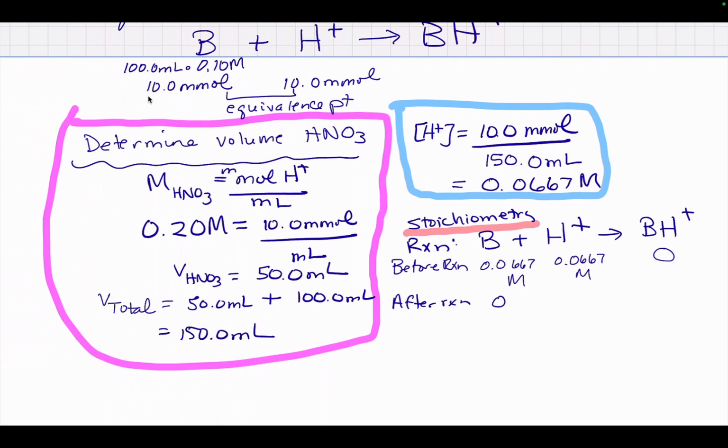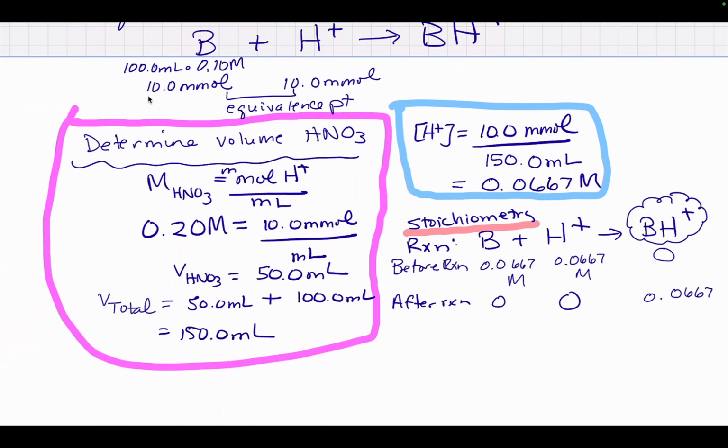So I'm going to have 0 moles of the base, 0 moles of the hydrogen ion, and because of stoichiometry, I'm going to have 0.0667 molarity of the conjugate weak acid.